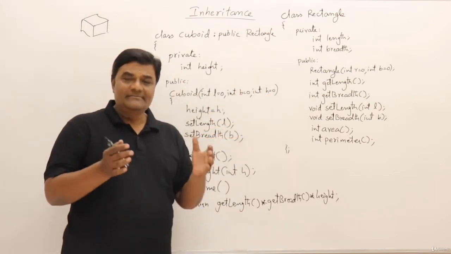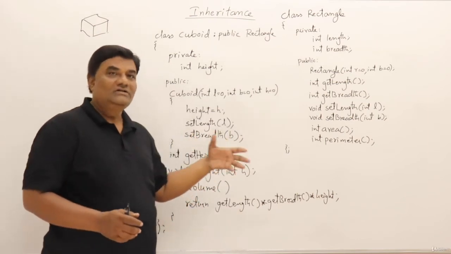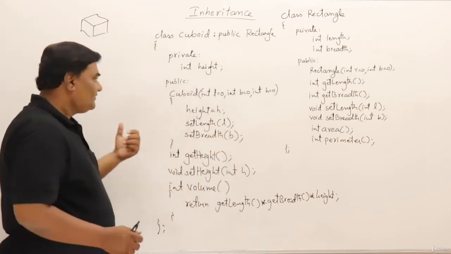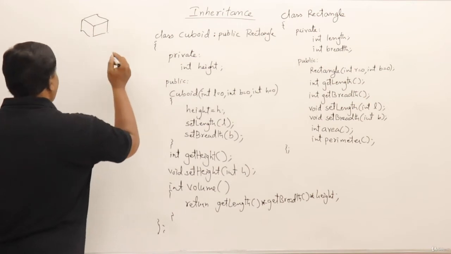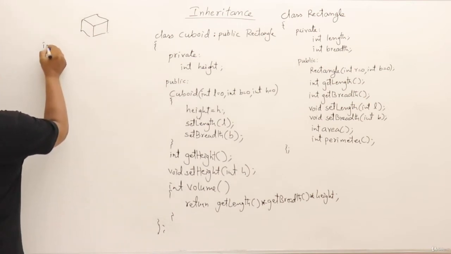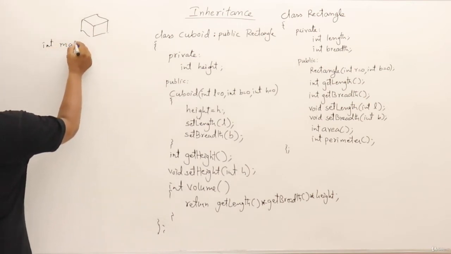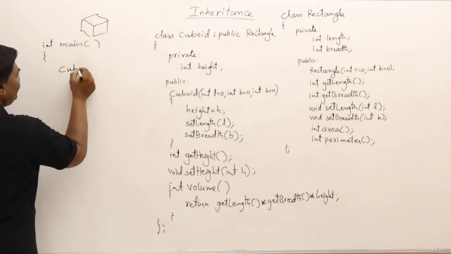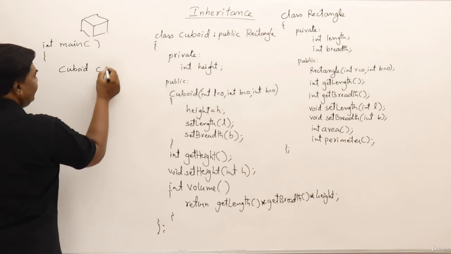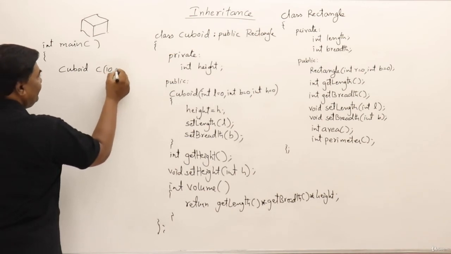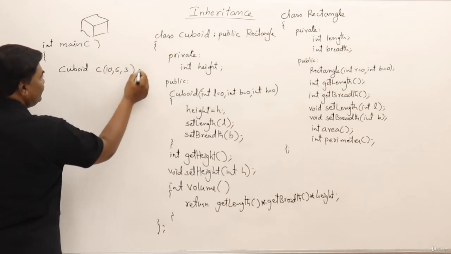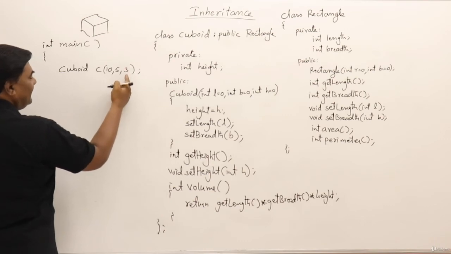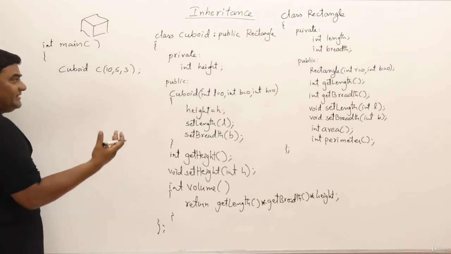So I'll just write some main method also and try to call the methods and show you. Watch it. Here I write main method. So int main or void main, whatever you like, you write it. Then here I will make an object of cuboid C, passing 10, 5, 3. So 10 is length and breadth is 5 and height is 3. Now what are the methods I can access?